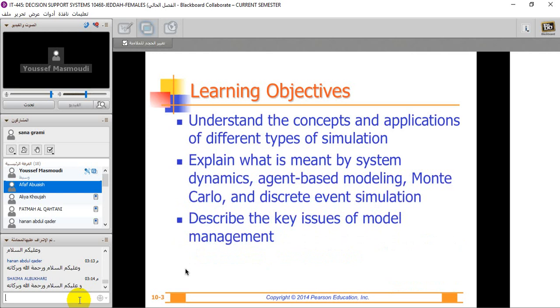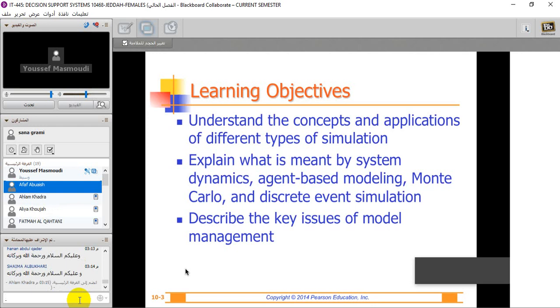Simulation, that means when you will simulate something. For example, you will design a red light at an intersection, and you want to take the decision how much time you will give the green light to the right side, the left side, the upside, and the downside. So you will simulate.